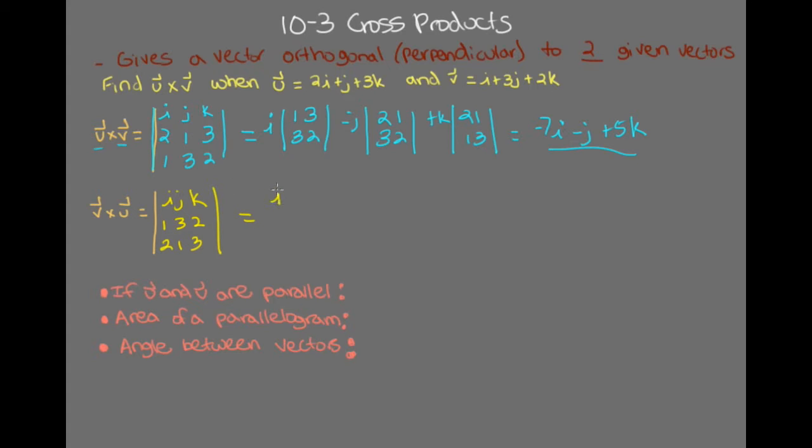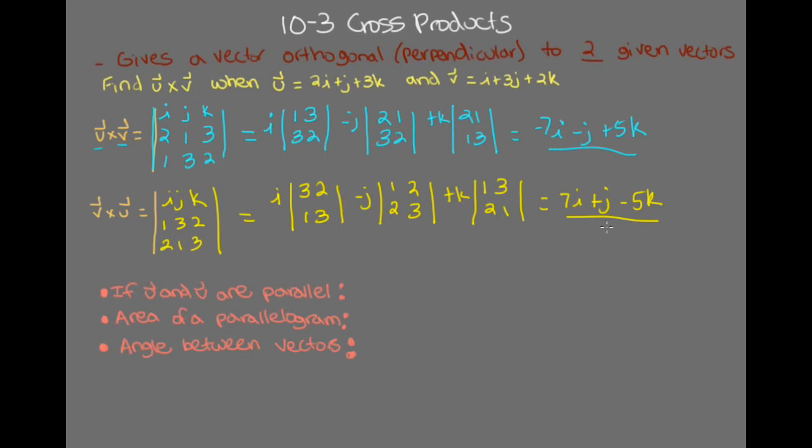Again, using cofactors, i, 3, 2, 1, 3, minus j, 1, 2, 2, 3, positive k, 1, 3, 2, 1. And we're going to have 9 minus 2, which is 7i, 3 minus 4, negative 1. Negative and negative is positive, so positive j, and then 1 minus 6, which is going to be negative 5k.